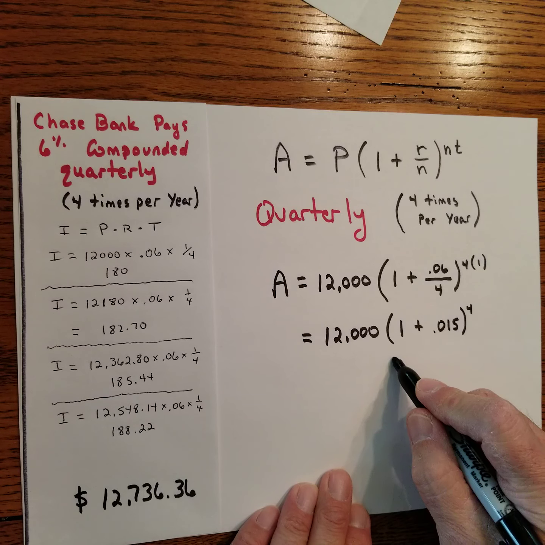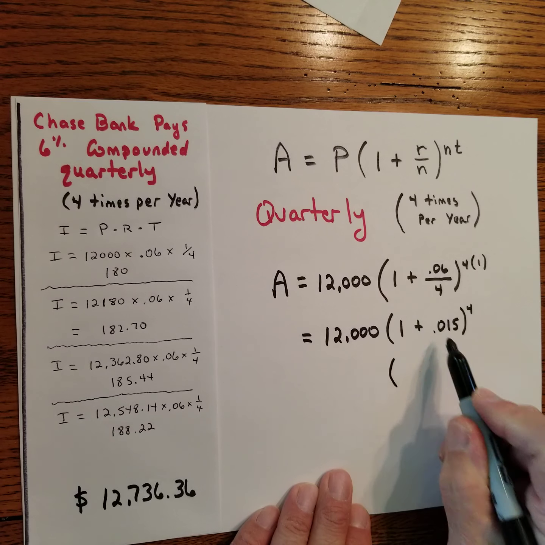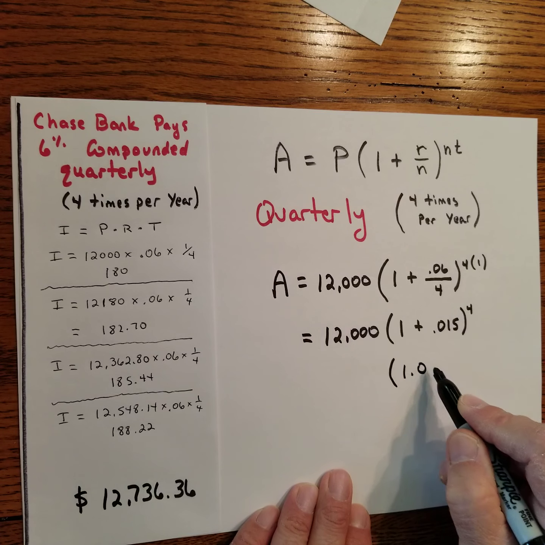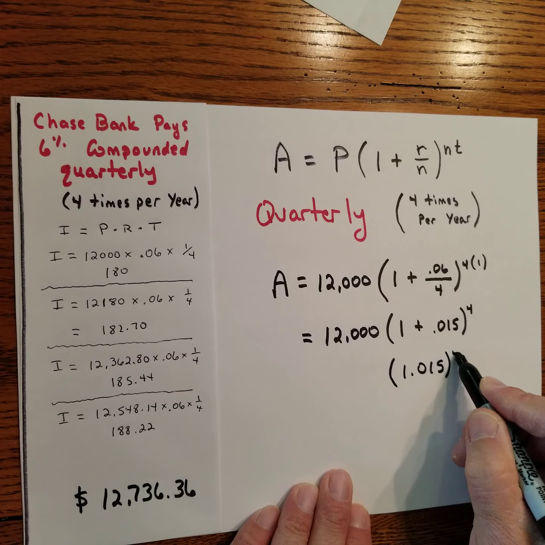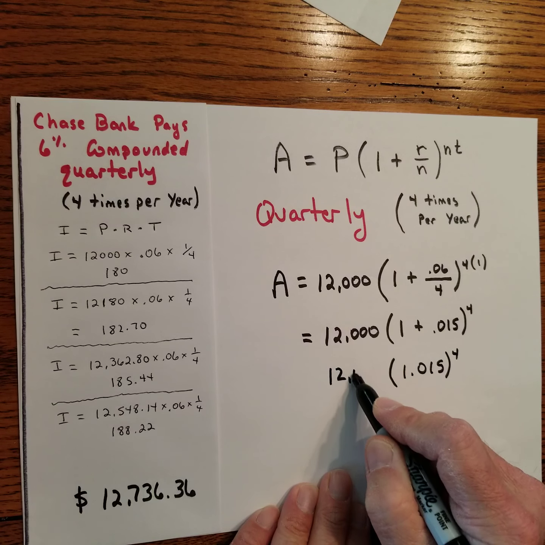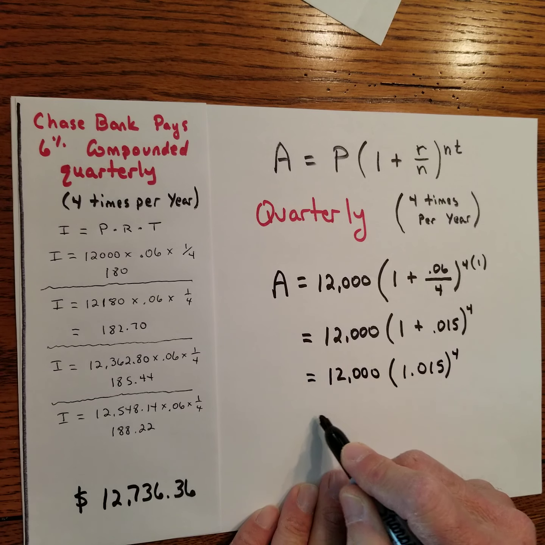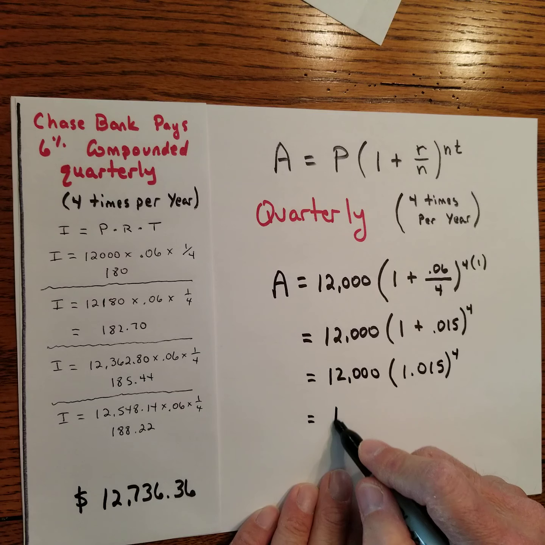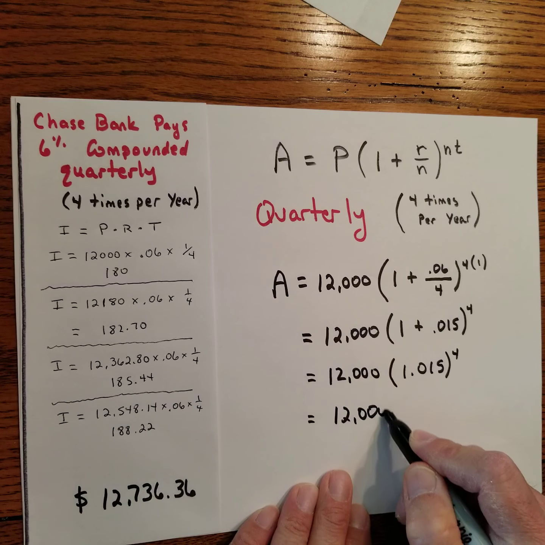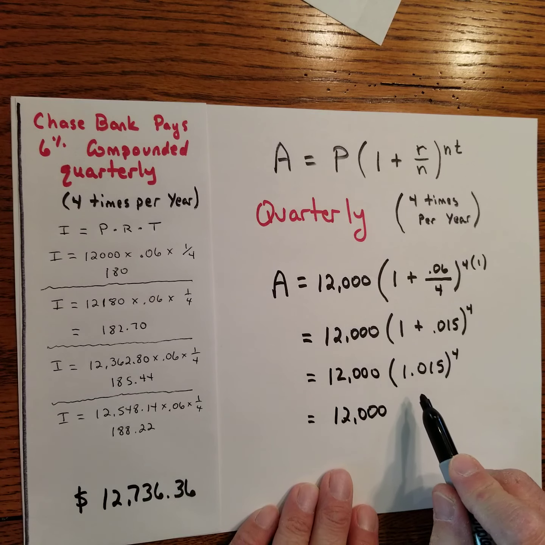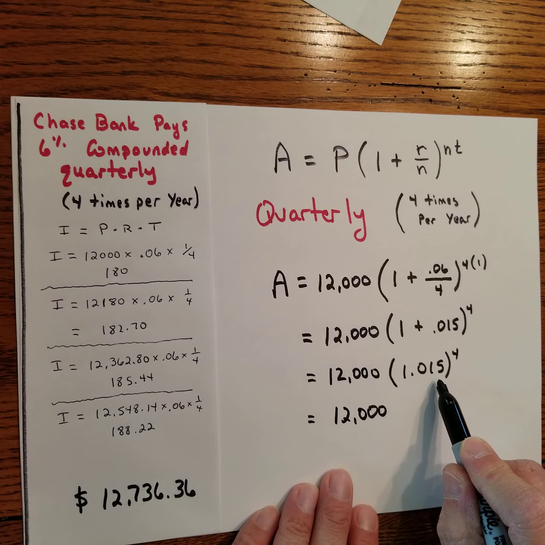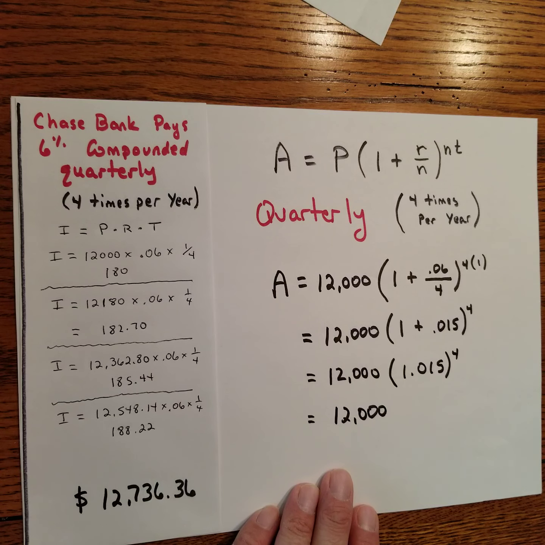Now add 1 plus 0.015. We'll copy the 12,000. And on your calculator, take 1.015 to the fourth power.